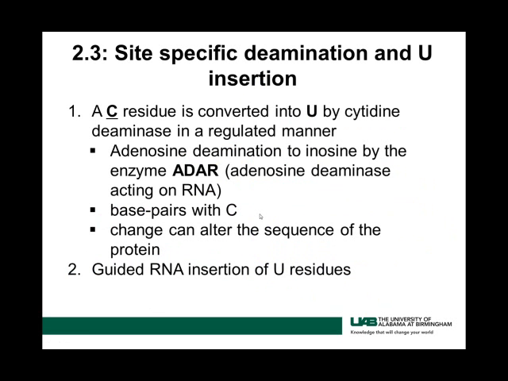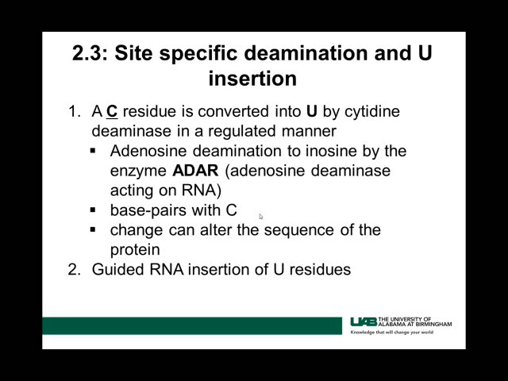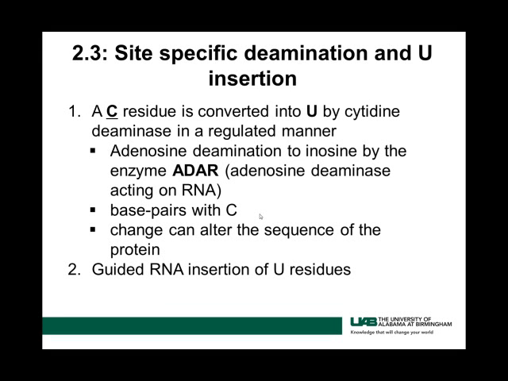And then we come to two other processes of modifying messenger RNA. One is through deamination of cytosine to convert it to U in the messenger RNA. And this is done through an enzyme called deaminase. And then another one is by inserting a number of U residues in the messenger RNA using what is called a guide RNA.